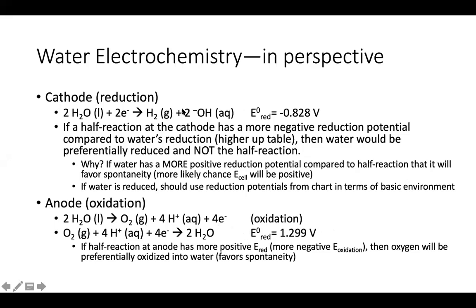So at the cathode, as long as the half reaction has a more positive reduction potential compared to water, it will be reduced. At the anode, if the half reaction has a more negative reduction potential compared to water, it will be oxidized. Okay.